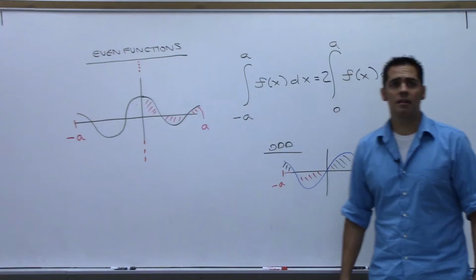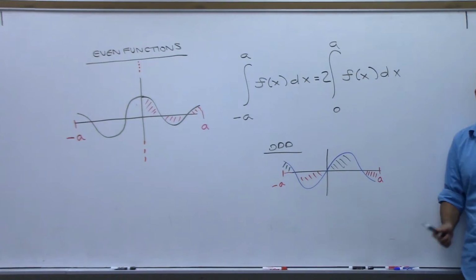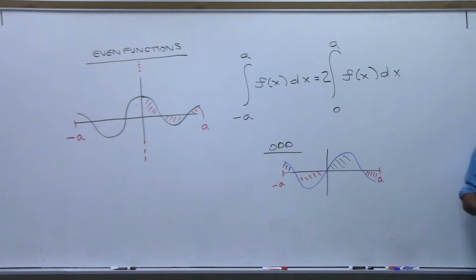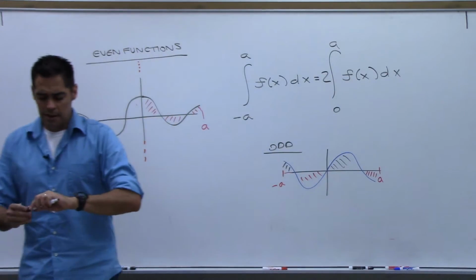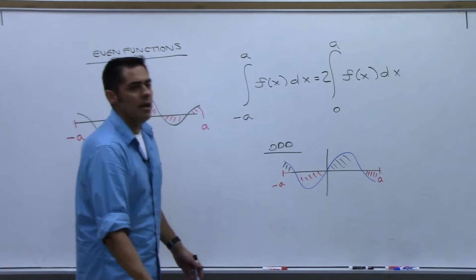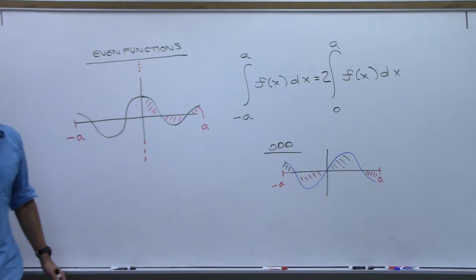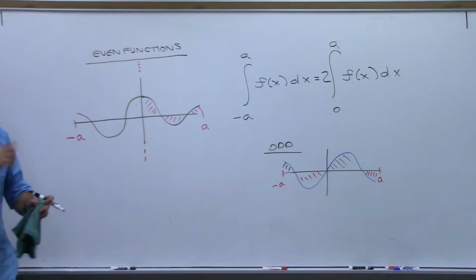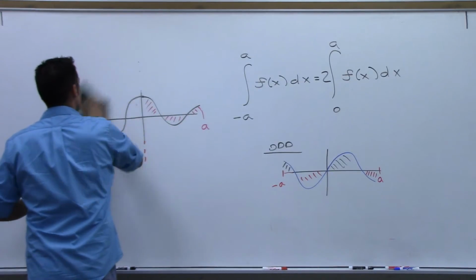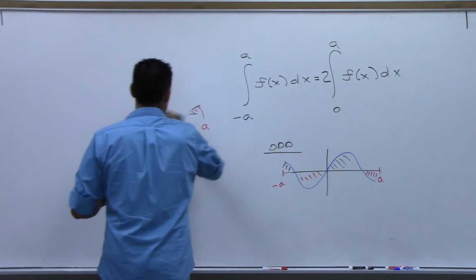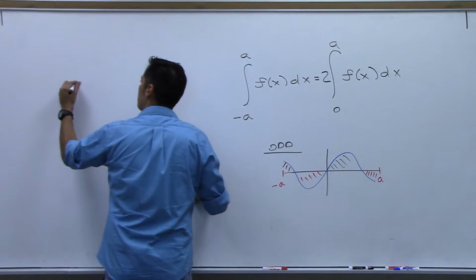If f is odd, look at that, I even used the sine function there. If f is an odd function, then the integral is 0. Now, that's great, but how can you tell if a function is even or odd just by looking at the function, not the graph? You can tell by looking at the graph, but if someone just gives you a function, how do you tell if it's odd or even? So let me give you an example.